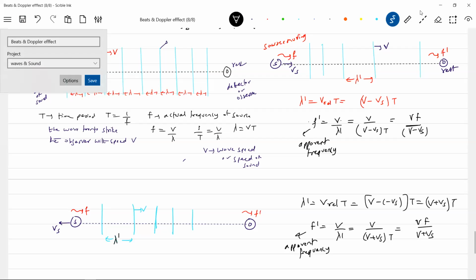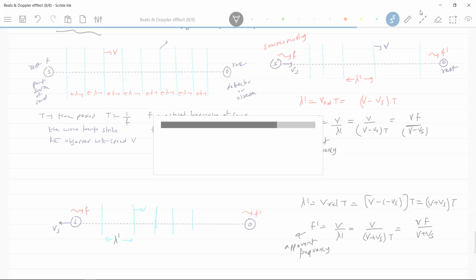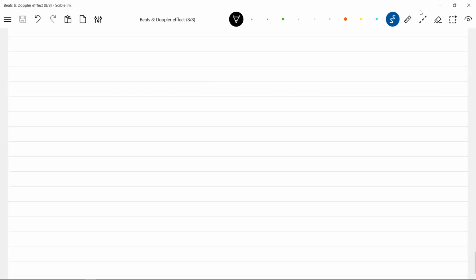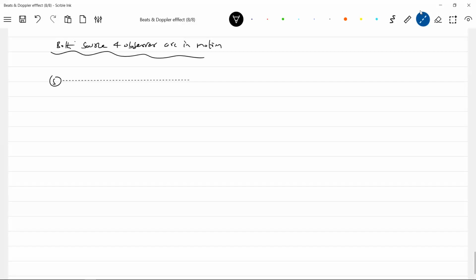Okay, if the source and observer both are moving, then sir, how do you manage things? Both source and observer are in motion. So this is the source. Let me put all the cases here only.